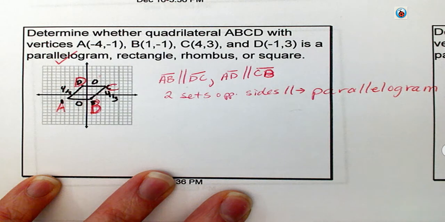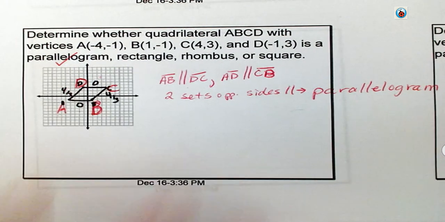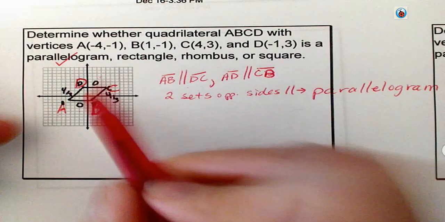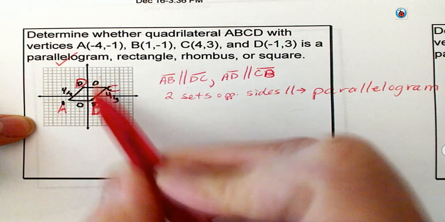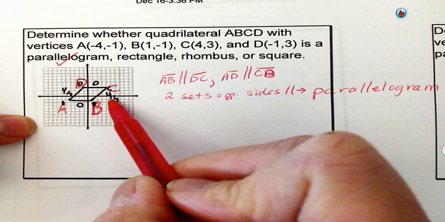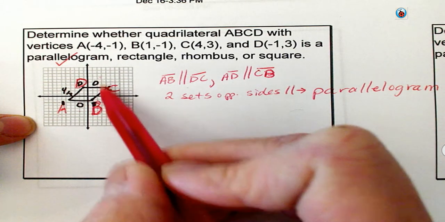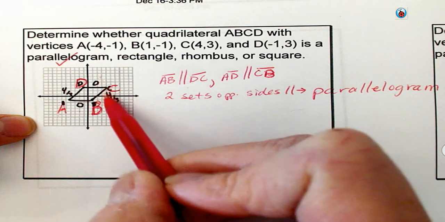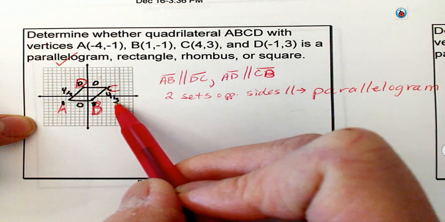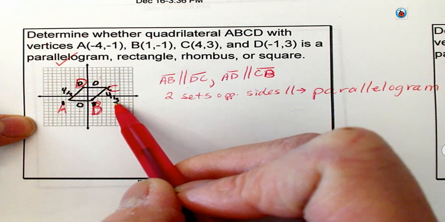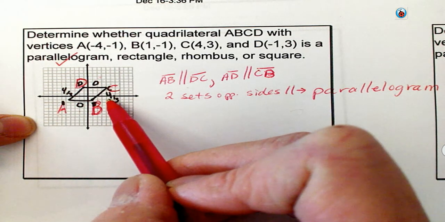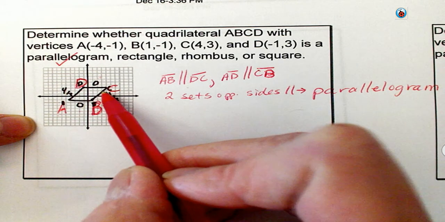Now I also need a test for a rectangle, rhombus, or a square. If it's a rectangle, I know it has 4 90-degree angles, which means the slopes of your consecutive sides would be opposite reciprocals of each other. But 0 and 4/3 are not opposite reciprocal slopes, which tells me these two sides are not perpendicular, so they do not form a right angle right here.